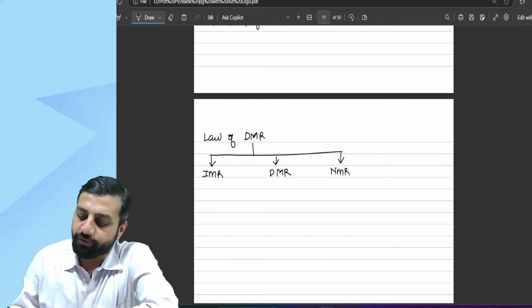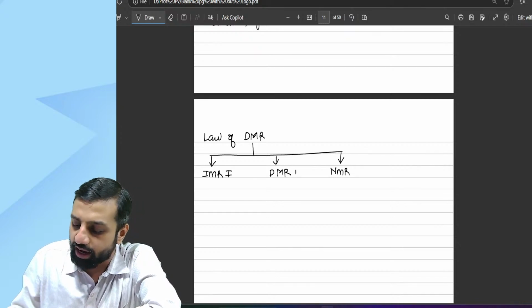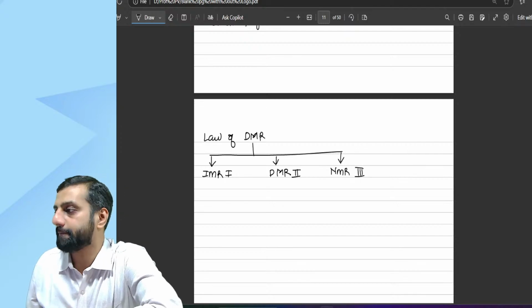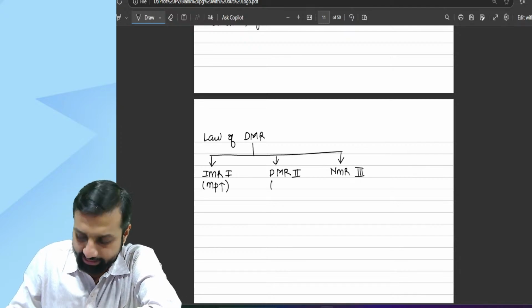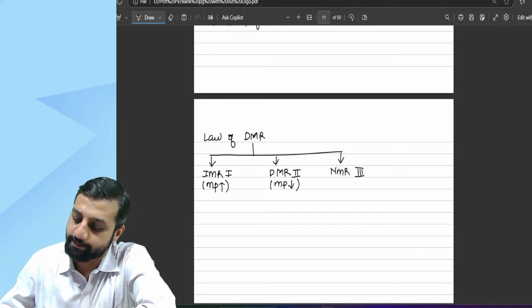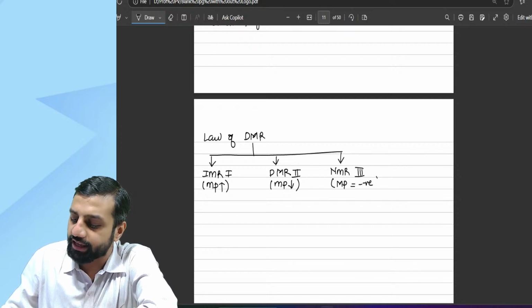Under the law of DMR, stage 1 is IMR, stage 2 is DMR, stage 3 is NMR. Under IMR, marginal product rises. Under DMR, marginal product falls. And under NMR, marginal product is negative.